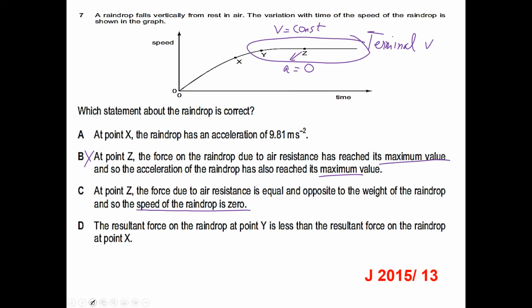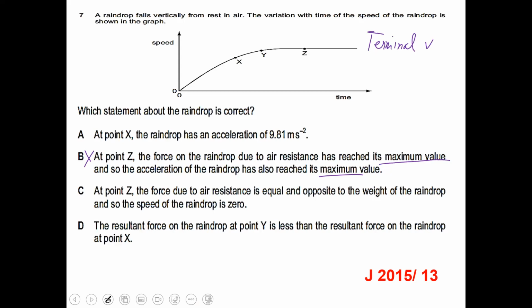So this is terminal velocity. I took terminal velocity for an example because terminal velocity is their main concept. They always talk about terminal velocity. Terminal velocity means velocity becomes constant, and this is called the case of terminal velocity.